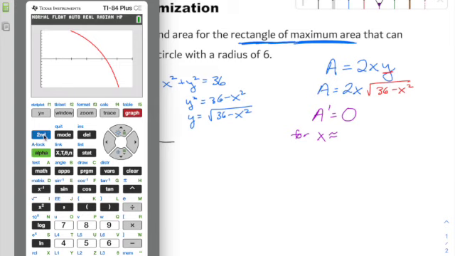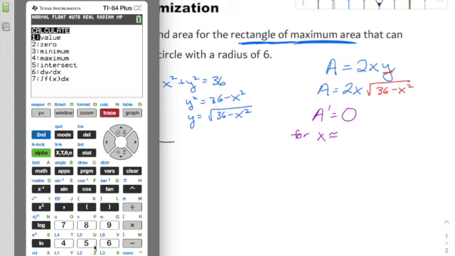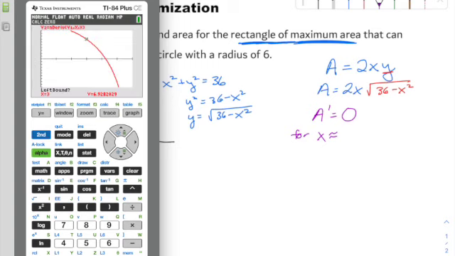I can see it's between 4 and 5, a little bit more than 4, so second trace 0, and you can hit 4 as your left bound, or scroll if you like. Right bound, you can scroll to the right, or you can actually type 5 as your right bound and hit enter for your guess, and there we go.